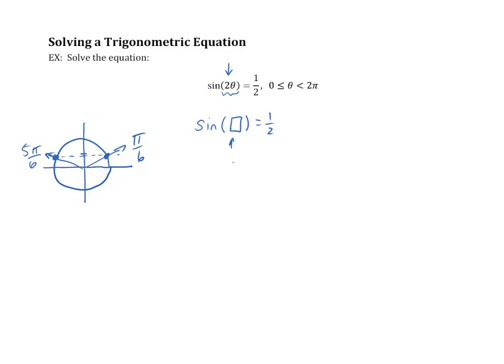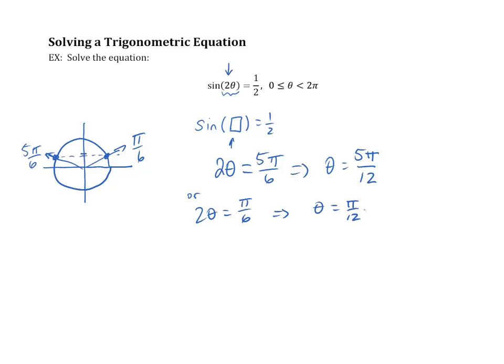Okay, so 2 theta has to be equal to 5 pi over 6, or 2 theta has to be equal to just pi over 6. In this case, I divide both sides by 2. I get theta is 5 pi over 12. And this one down here, I get theta is equal to just pi over 12.